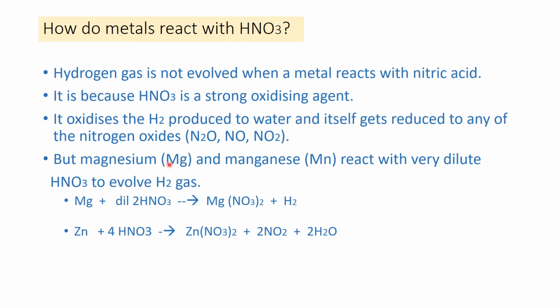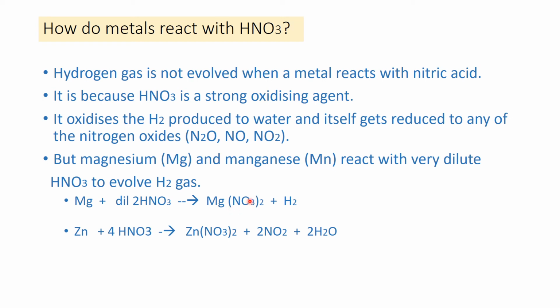Only two metals, which are magnesium and manganese, when these two metals react with very dilute HNO3, then hydrogen gas is evolved. See the reaction, this is magnesium. When it reacts with nitric acid, that is HNO3, it forms magnesium nitrate, that is Mg(NO3)2.